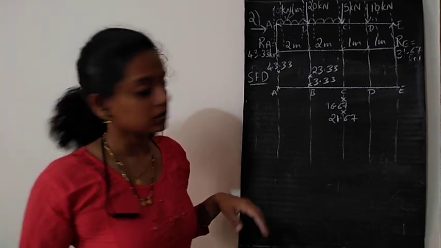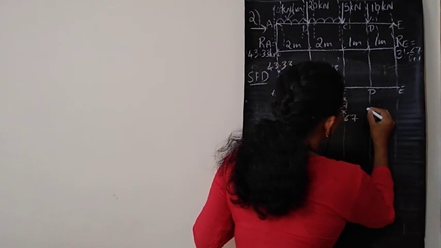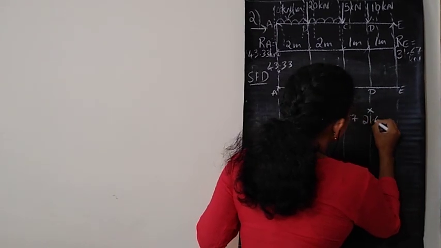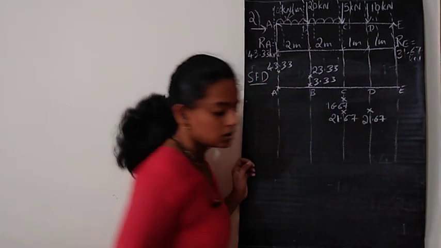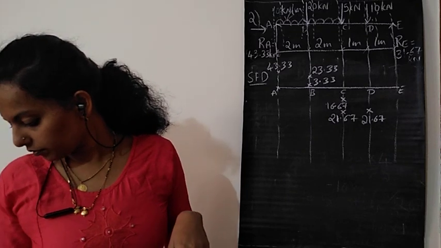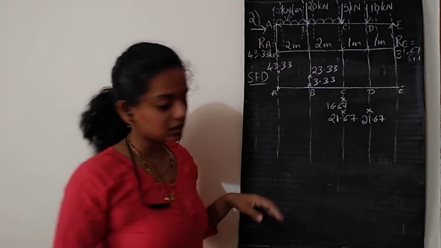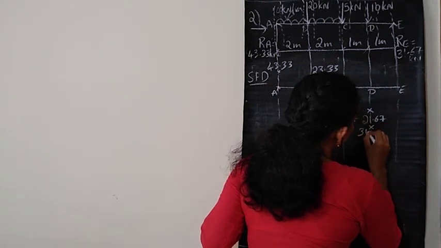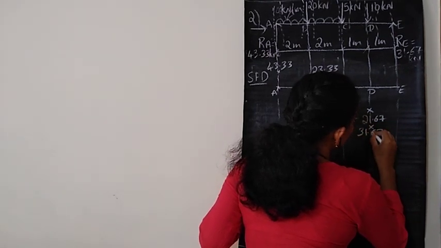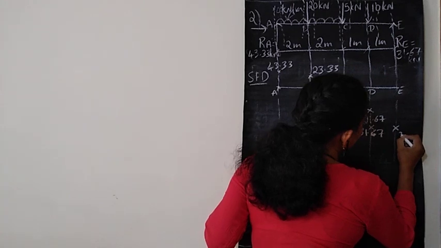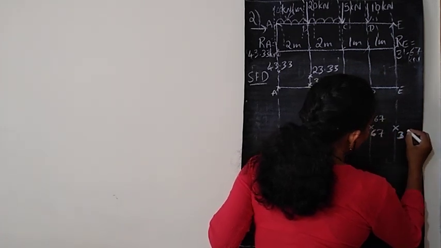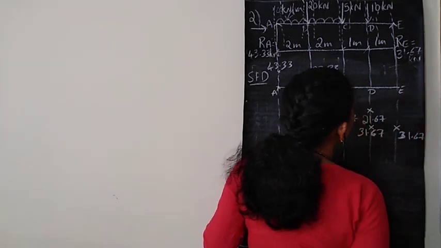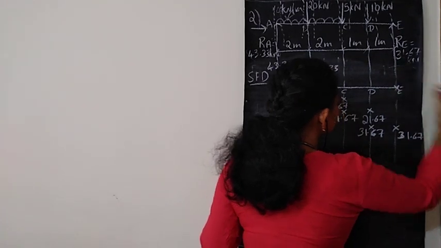Left of D is same, minus 21.67. Right of D is minus 31.67. Left of E is minus 31.67. Then it is 0.